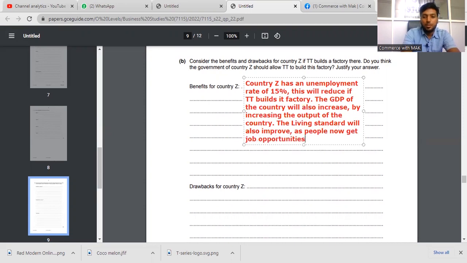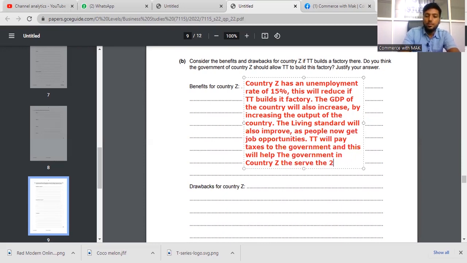One more thing we can also say: TT will pay taxes to the government, and this will help the government in country Z serve the 200 million population.